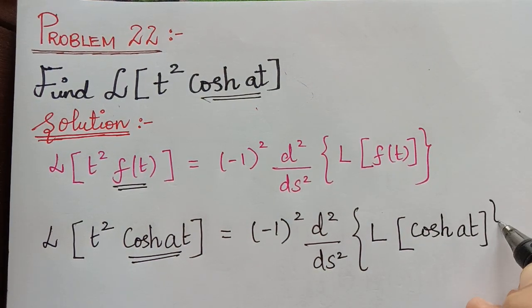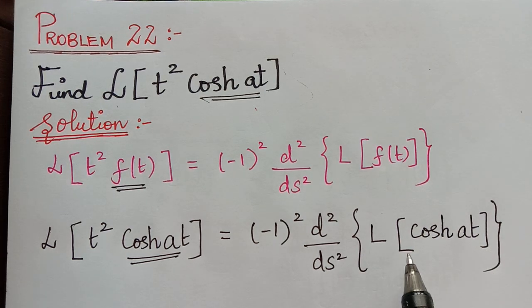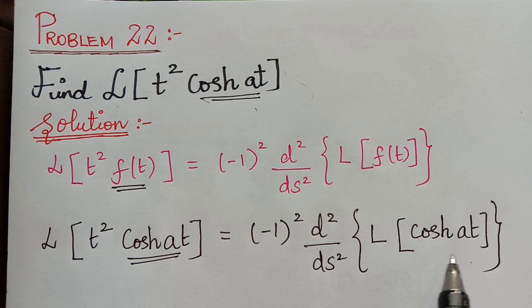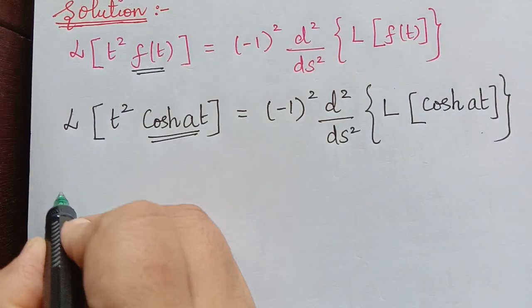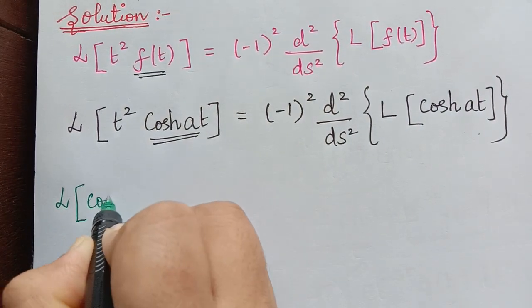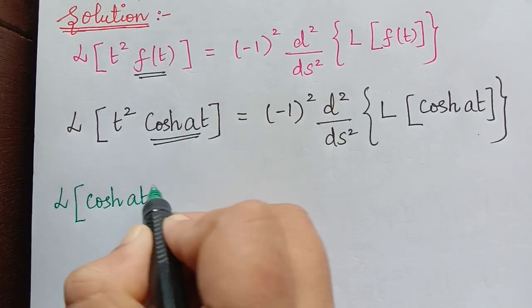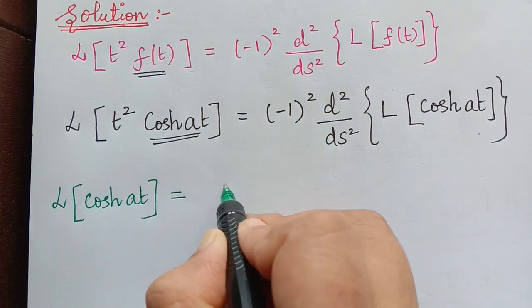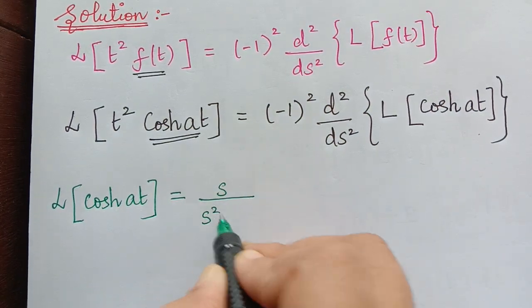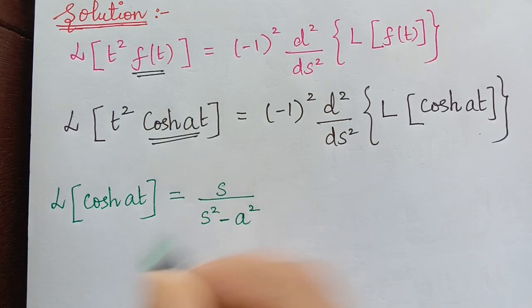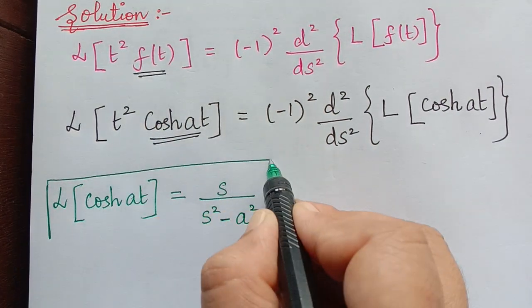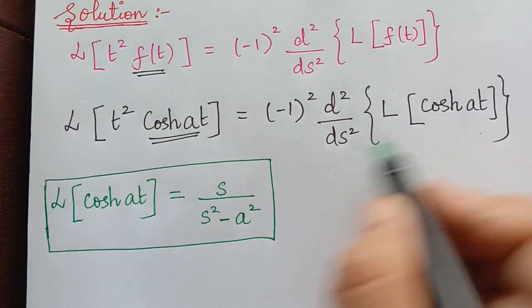So now here we will be using the result L of cos h at. So by the result, what do we know? We know that L of cos h at is equal to s divided by s square minus a square. This is the formula that we have already learnt. So we will be applying this over here.